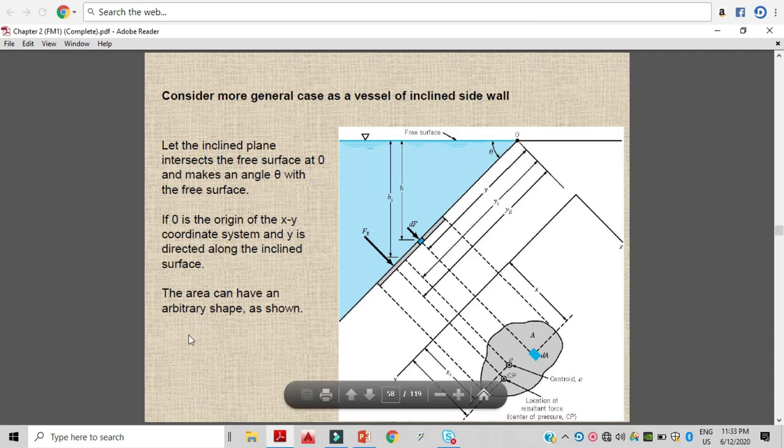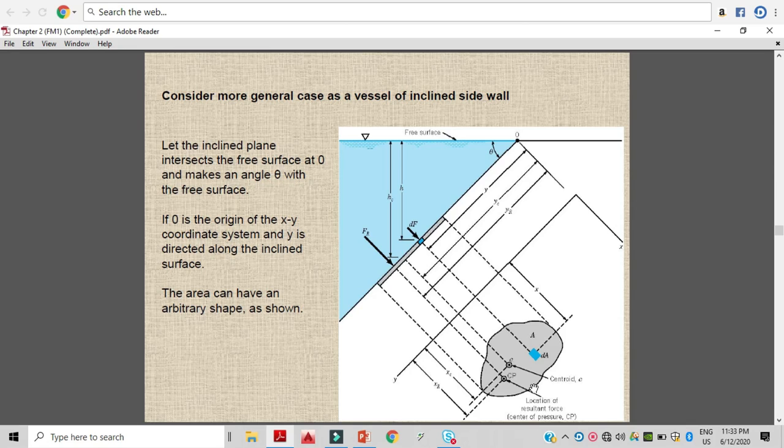So the area can have an arbitrary shape as shown in the figure. So this is the area on which the pressure is acting. This arbitrary shape can be a circle, rectangle, square, triangle, or any regular or irregular shape.